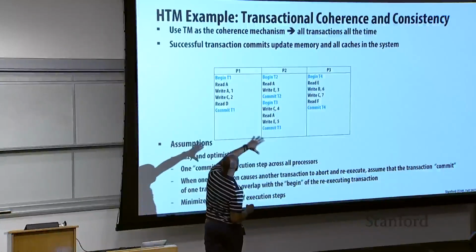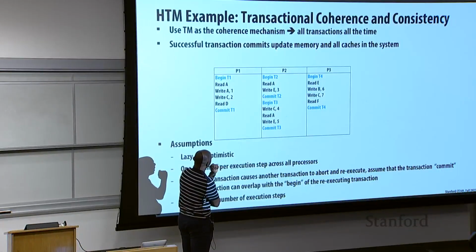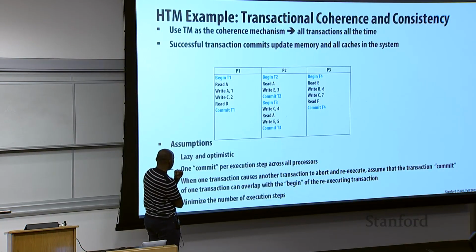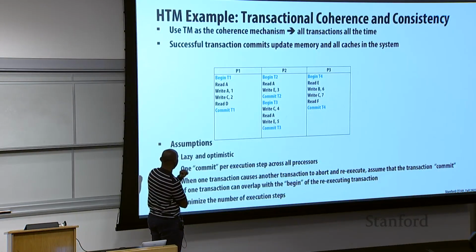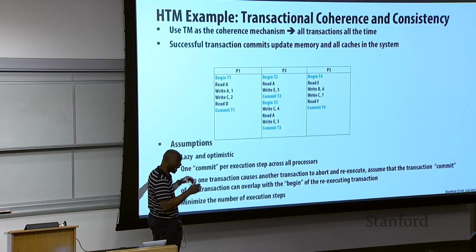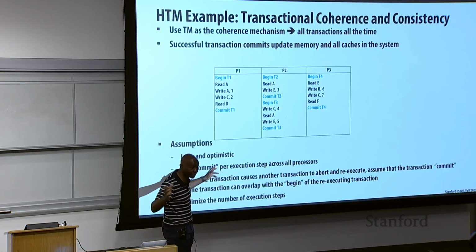We've got a bunch of processes, 3, and each of them is executing transactions that do reads and writes to different variables. The assumptions are there's one commit per execution step across all processes. The reason you want that for simplicity is that it's kind of like a bus-based scheme: only one transaction is committing at a time and updating everybody else.